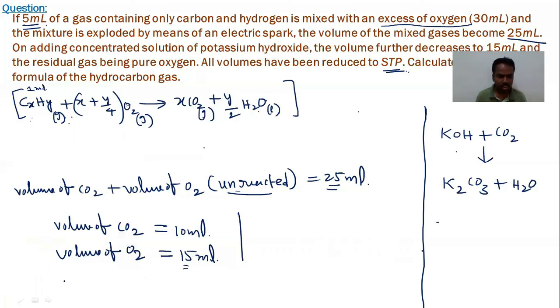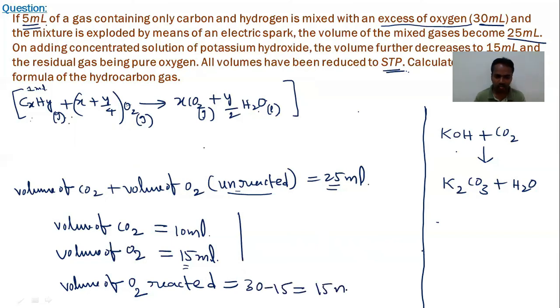Then the volume of O2 reacted: the total given is 30 ml, so 30 minus 15 gives 15 ml of O2 reacting with 5 ml of hydrocarbon. 1 ml of hydrocarbon can produce how many ml of CO2? x ml of CO2.